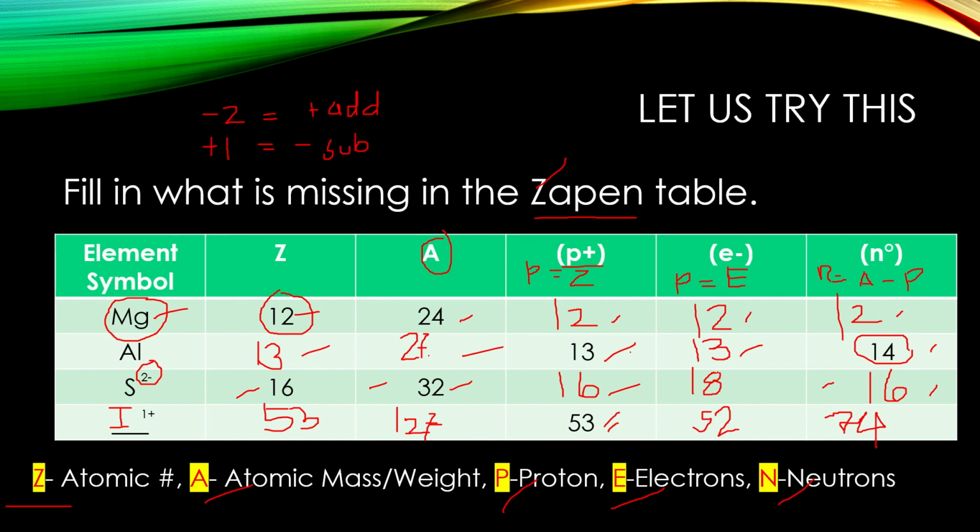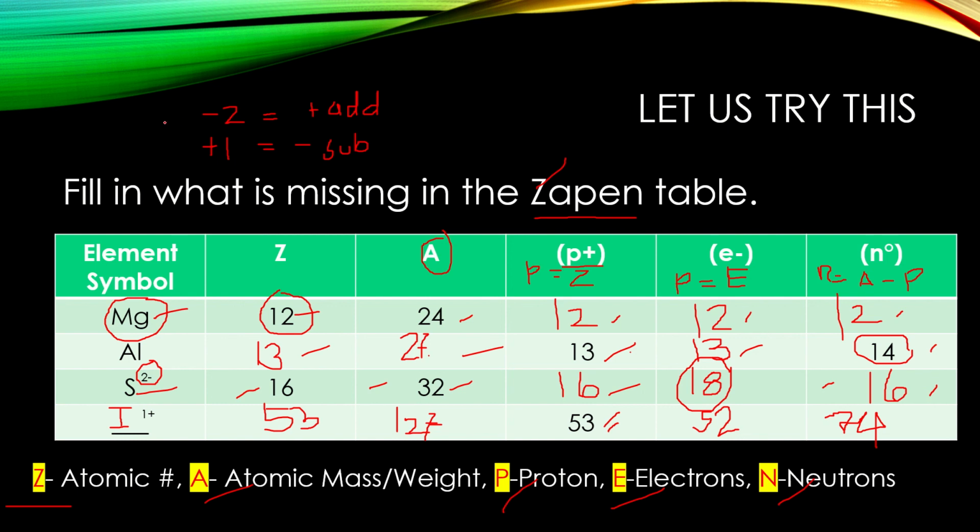Now, how did they find the answer for electron with an unstable atom or element? So here, all you need to do is to look at the charge of the element. So the charge of the element is negative 2.